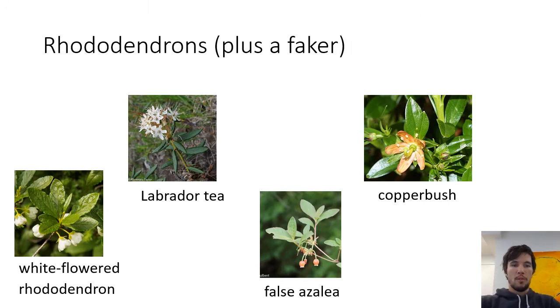Next up, our rhododendrons, plus the faker. The copperbush is not a rhododendron, but we want to throw it in just because it looks so similar to some of the others. A few words about rhododendrons. Rhododendron is a genus of shrub, and they're really common landscape plants around the Pacific Northwest.